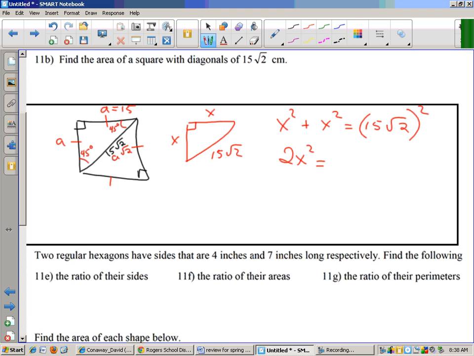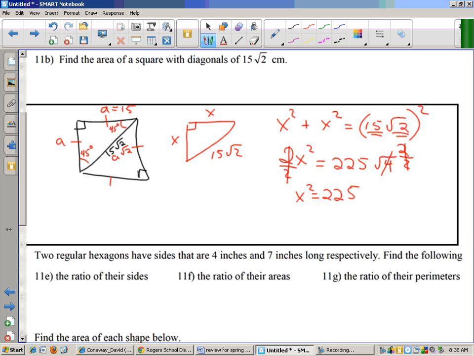When I do this, I'm going to have to do 15 times 15 and square root of 2 times square root of 2. So 15 times 15 is going to be 225, or 15 squared. Root 2 times root 2 is going to be root 4. Well, root 4 we know is just going to be 2. And when I divide both sides by 2, those both go away, and I get x squared equals 225.